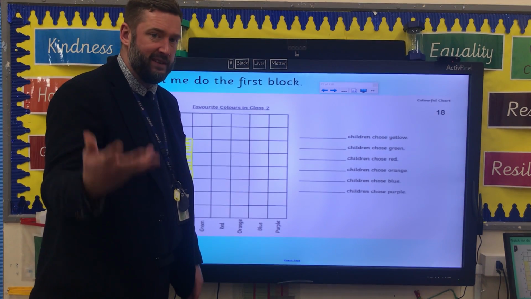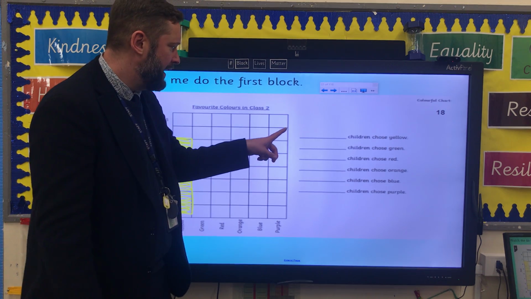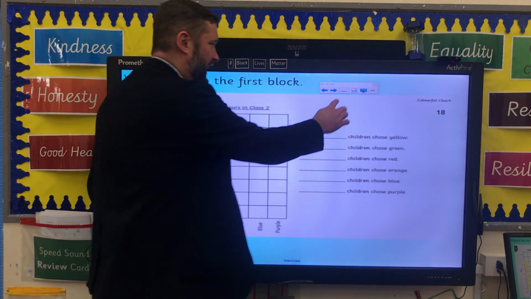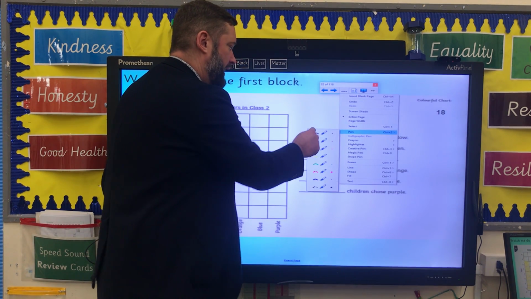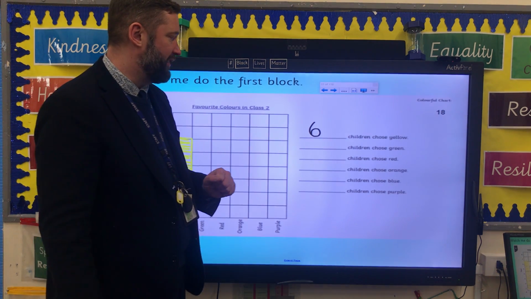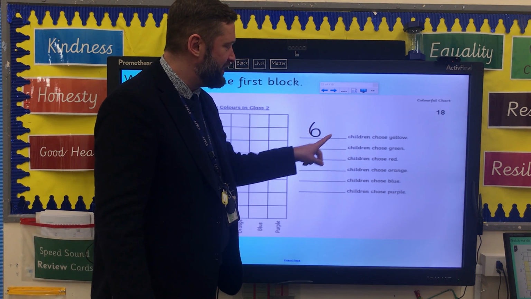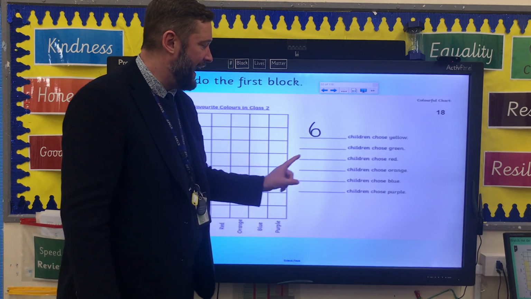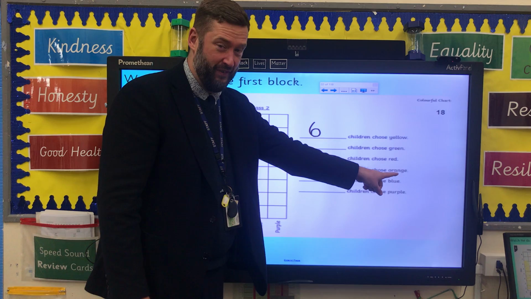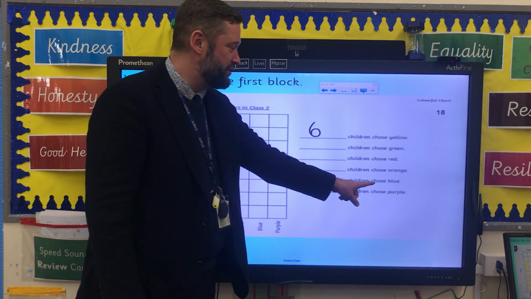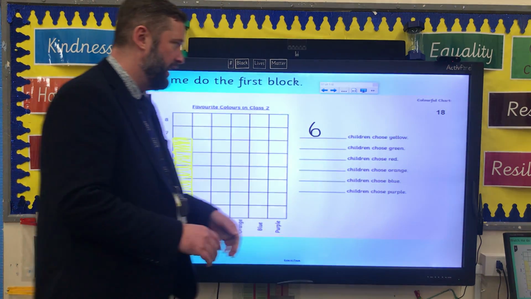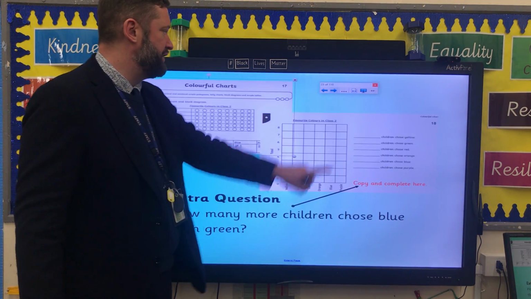Then you've got to interpret your block diagram. So children chose yellow, so that's nice and easy. I've done that one for you. It was 6. When you've completed your block diagram, you'll be able to tell me how many children chose green, and how many children chose red, and how many children chose orange, and how many children chose blue, and how many children chose purple, okay? One final job that I want you to do.